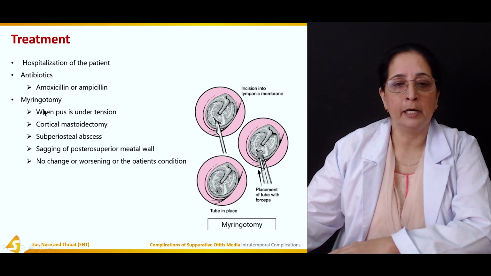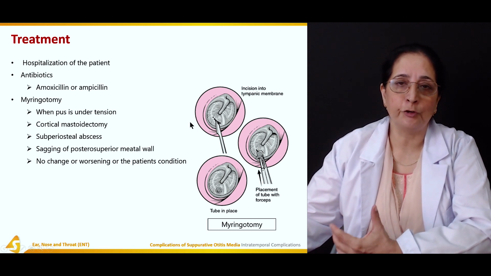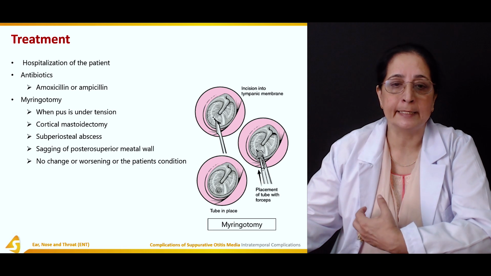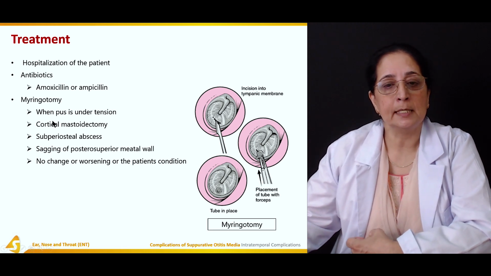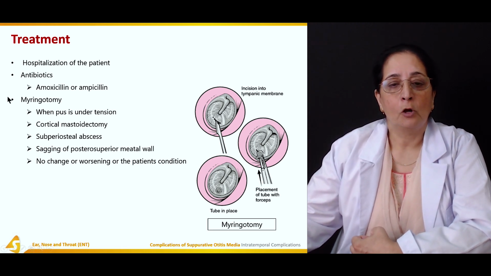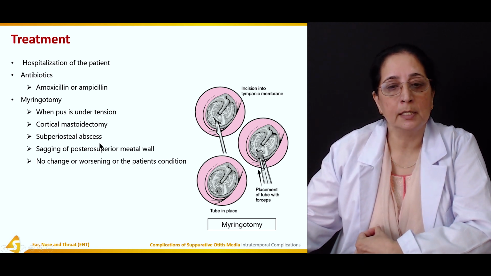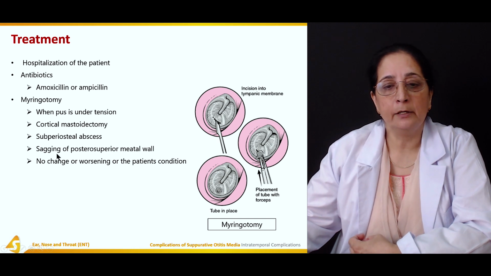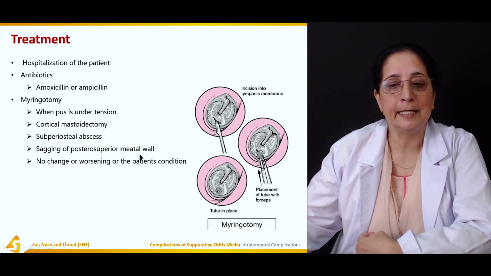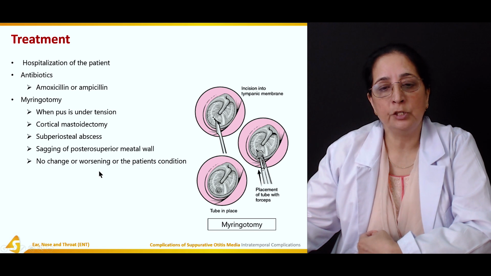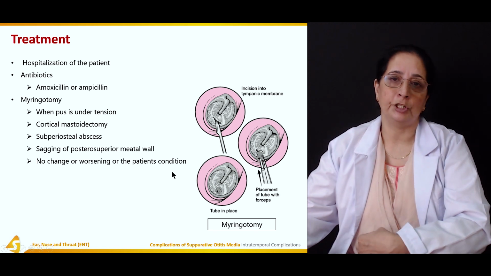So myringotomy, especially to drain the pus when it is under tension. When pus is under tension, cortical mastoidectomy, subperiosteal abscess, sagging of posterior-superior meatal wall, no change or worsening of the patient's condition.